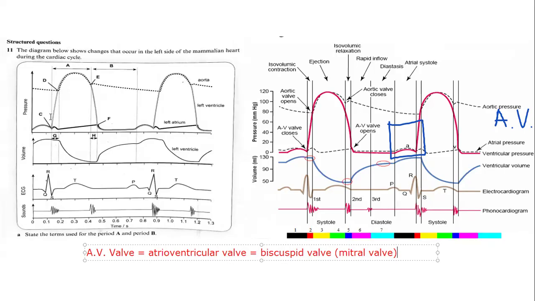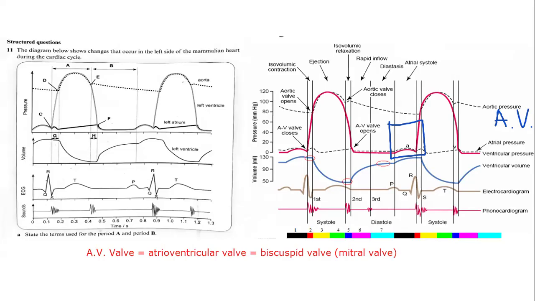E would be the aortic valve closing, and F would be the AV valve opening. Very good. What is another word for the AV valve, Ali? The mitral or the bicuspid valve. Very good.